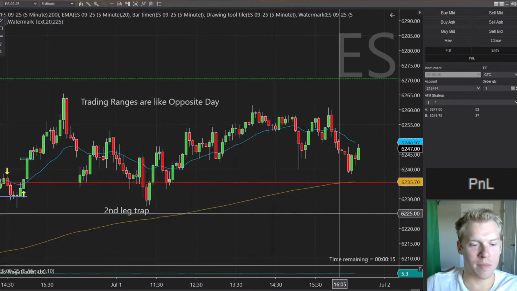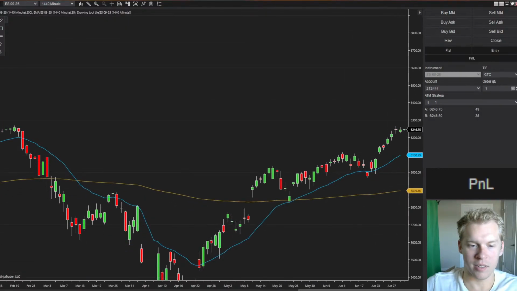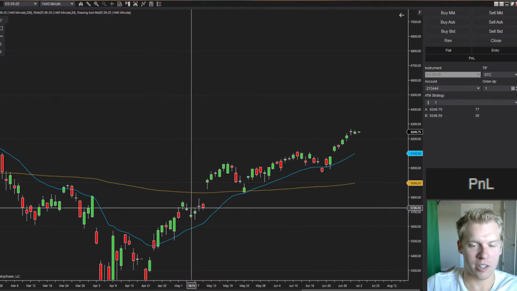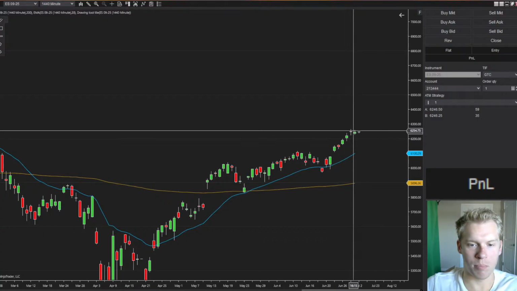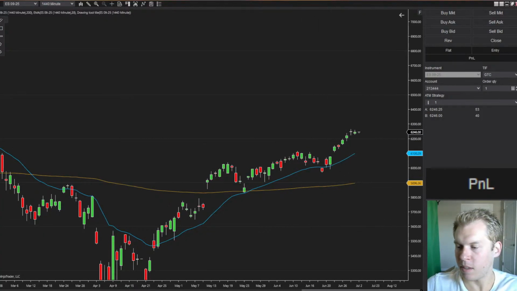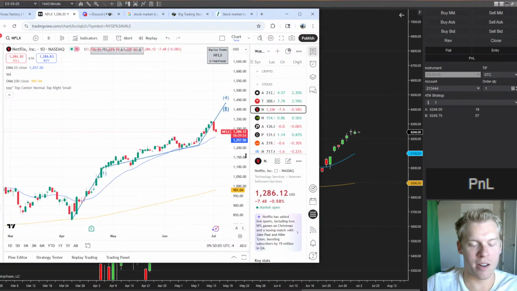As we look at the E-mini on the daily chart, we're in that as well. So spike, channel, and then we're kind of getting that bullish breakout of the channel. So it would make sense that a lot of stocks are seeing this pattern as well.